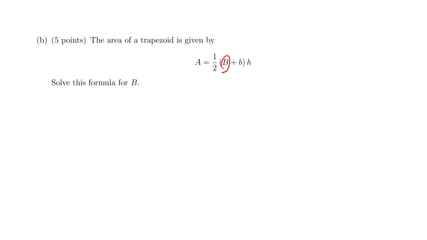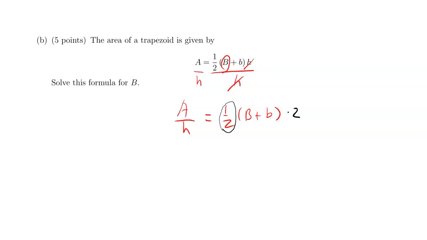So as I explained, we need the h to go away first, so I divide both sides by h, and then h and h will cancel, and you have a over h, and you have 1/2 times capital B plus lowercase b. Now you need this 1/2 to go away. And what cancels 1/2?